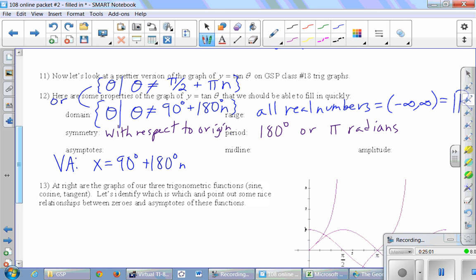Okay, so does it make sense to talk about a midline, a vertical middle for something that goes up to infinity and down to minus infinity? Well, I don't know. If it does, I guess you would probably say the x-axis is the midline. I'm content saying that. And then the amplitude, okay, this one doesn't really make sense. Amplitude is how far from the middle to the top, but there is no top. So if you want to say none, that's okay. If you really like drawing the infinity symbol, you can say that too.